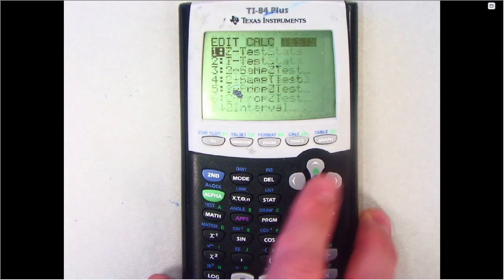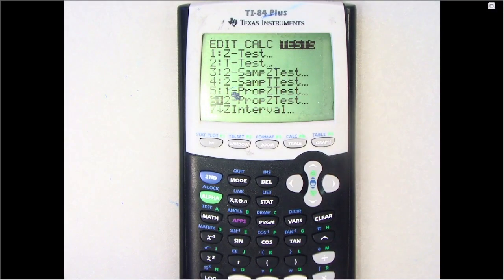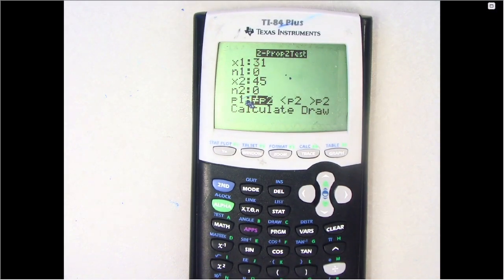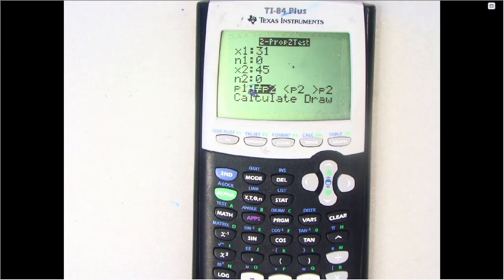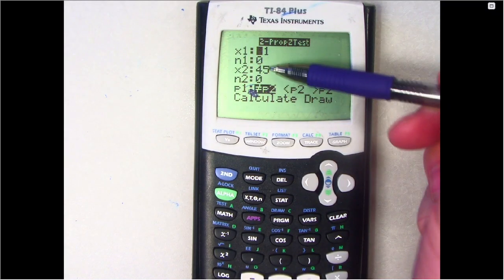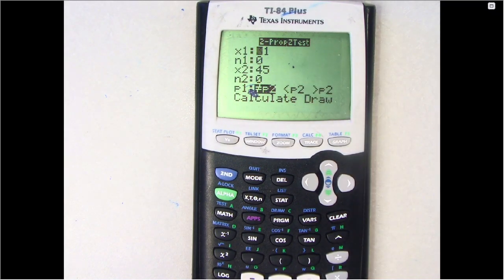Alright, so go to tests, 2-prop z-test, number 6. Don't put decimals here. If you put a decimal in any one of those slots, it'll give you an error. They want the fractions that we had to figure out, because they gave us the percents.